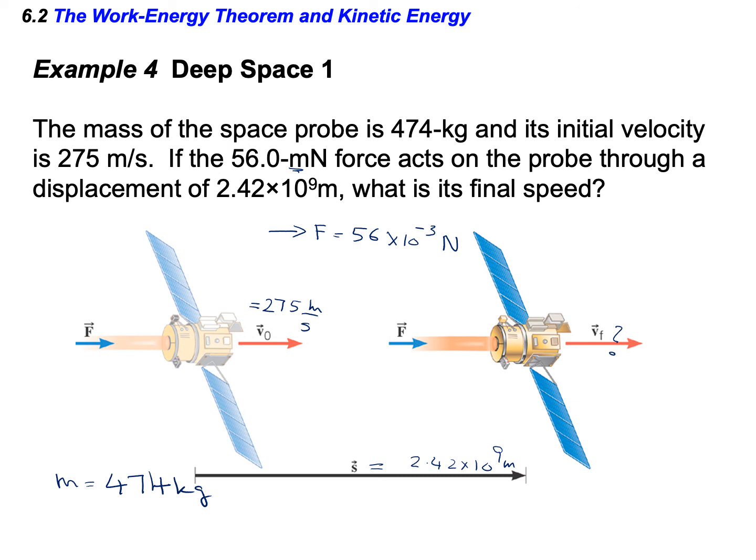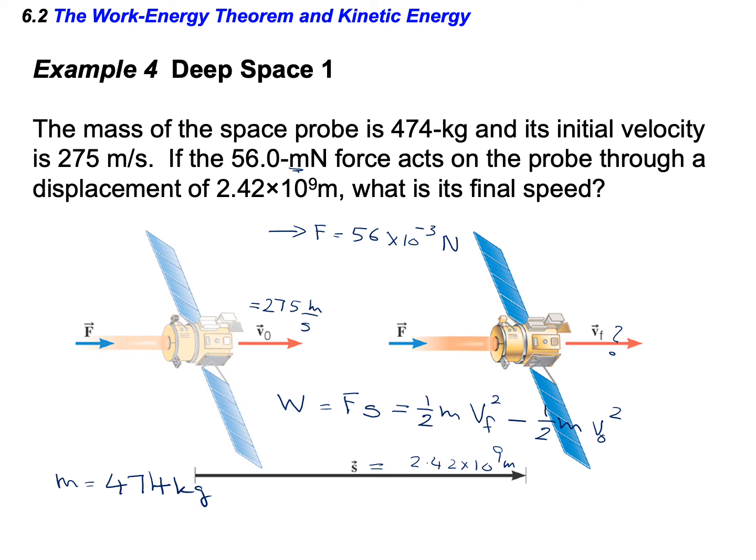So we learned an equation for work, which is equal to net force times displacement. Force is given, displacement is given, which is equal to half mass, 474, v final square, which we're going to calculate, minus half m v naught square. V naught is given, 275.